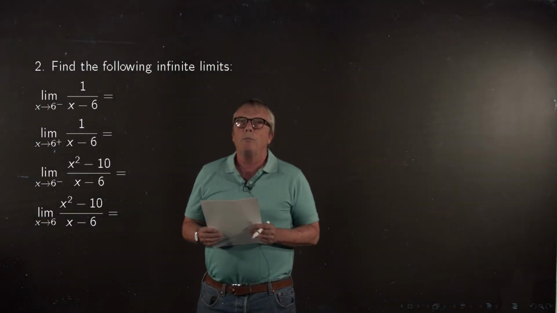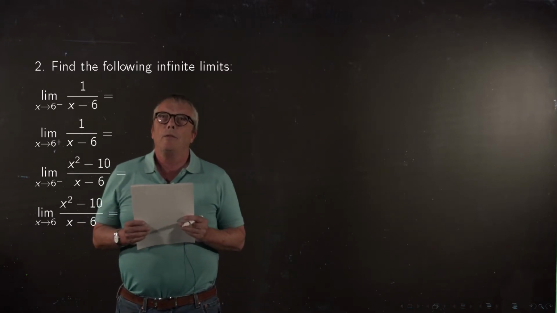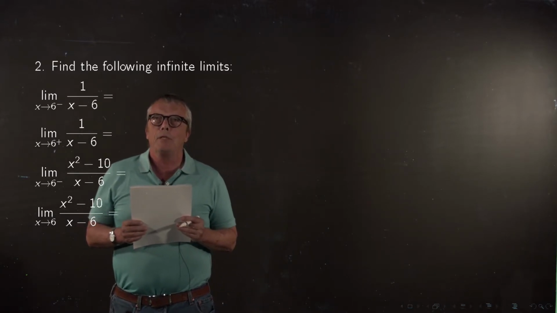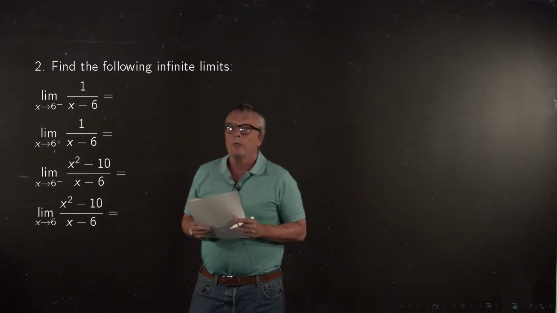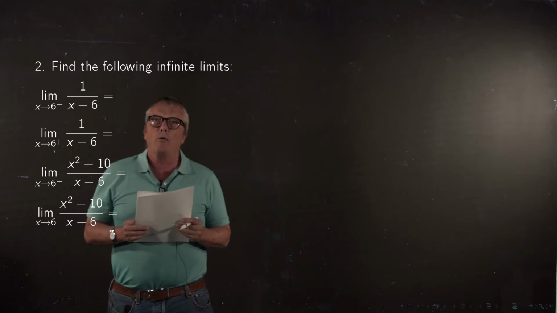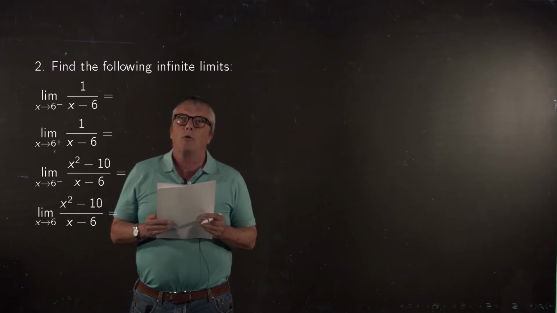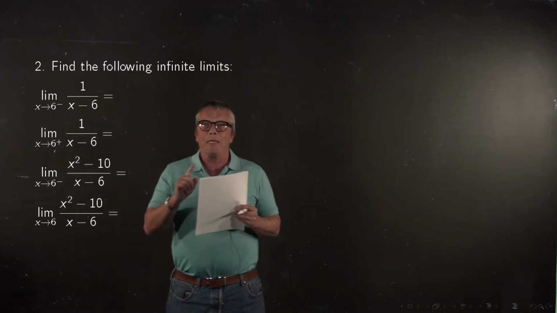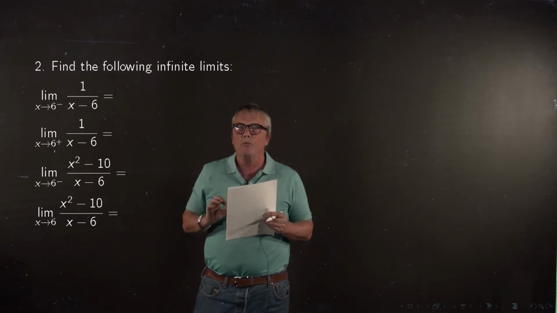In our second problem, we want to try to find the following infinite limits, or in other words, we want to find asymptotes. So the limit of 1 over x minus 6 for x going to 6 from the left, what happens? In that case, the numerator is 1, doesn't move.